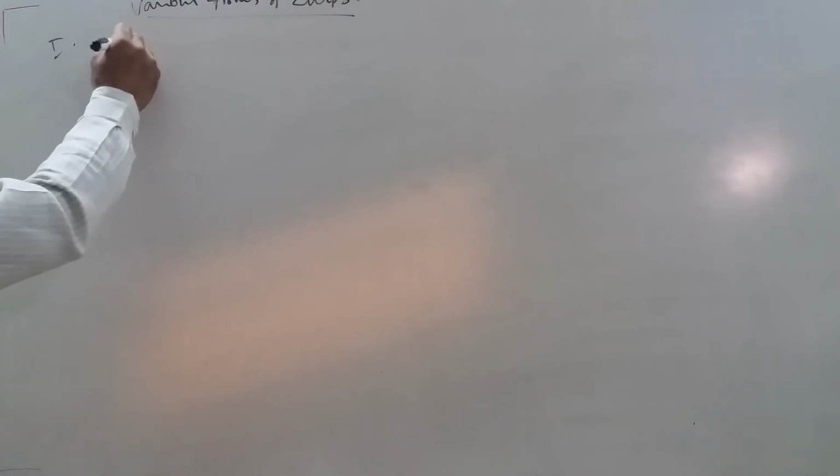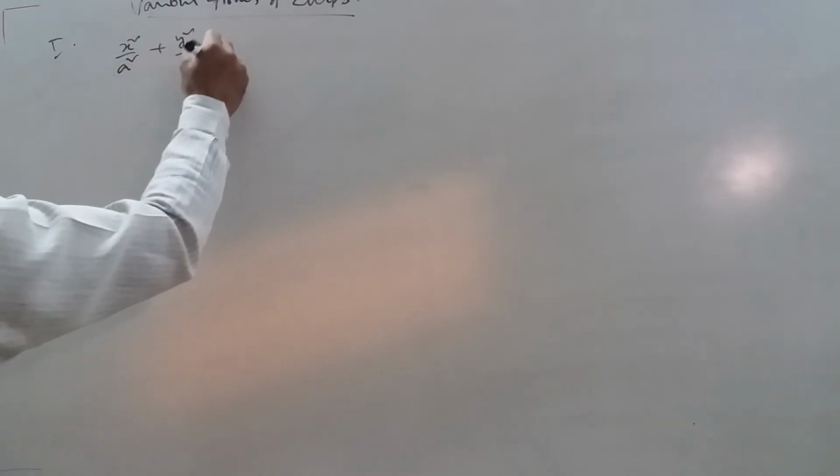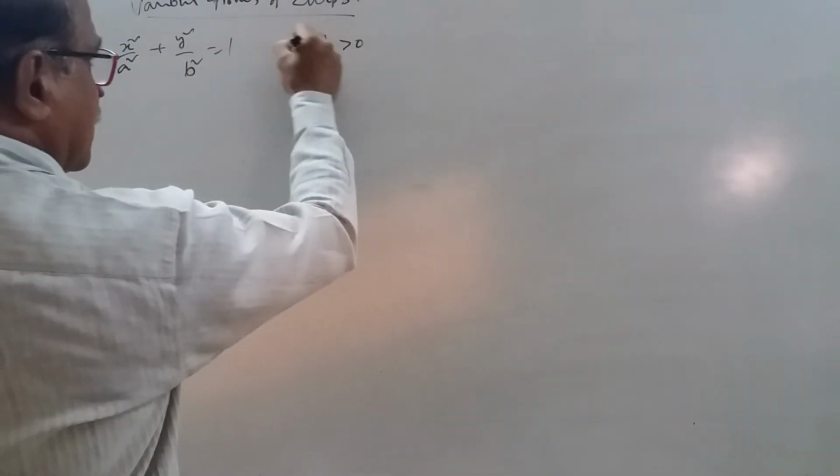In the first case, x square by a square plus y square by b square is equal to 1, with a greater than b greater than 0.